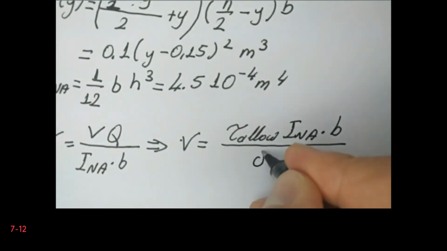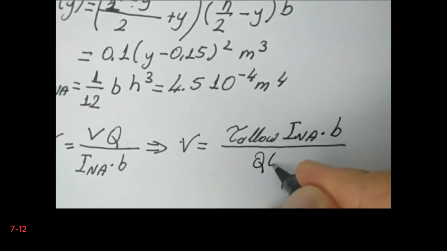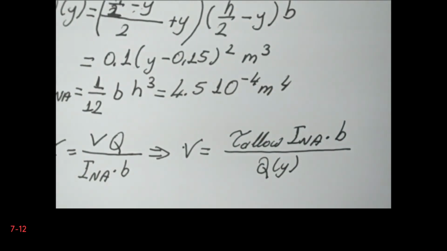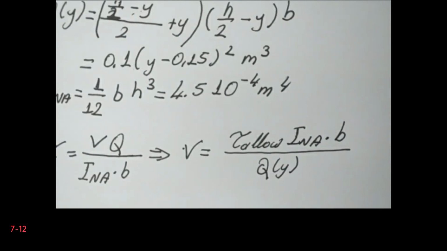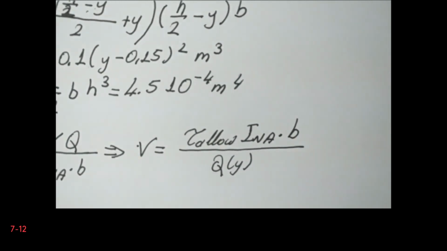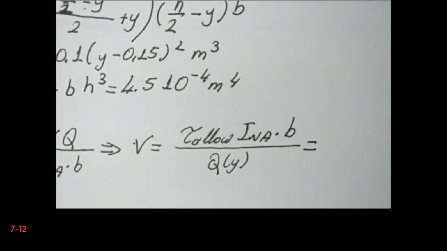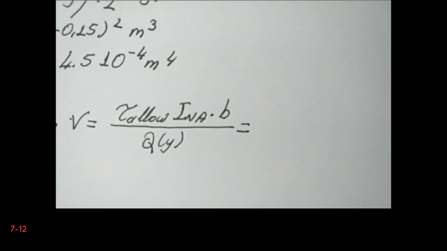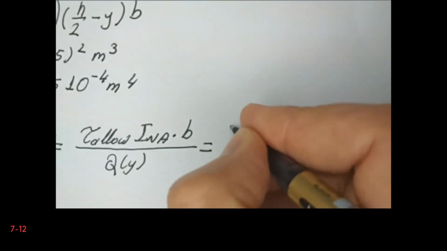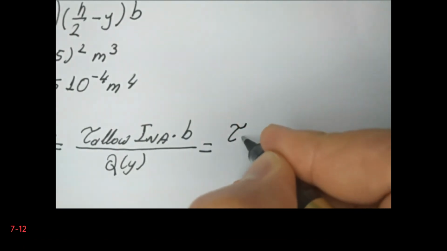Okay, now if we put the values into its places, what we are going to get is tau allowable, I, and I multiplied by b.